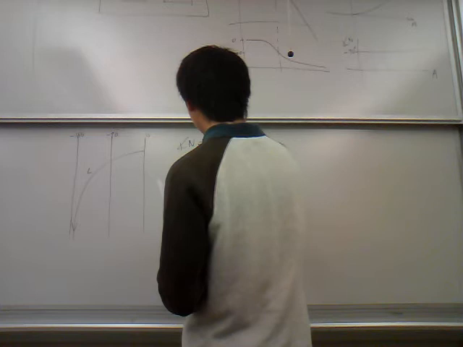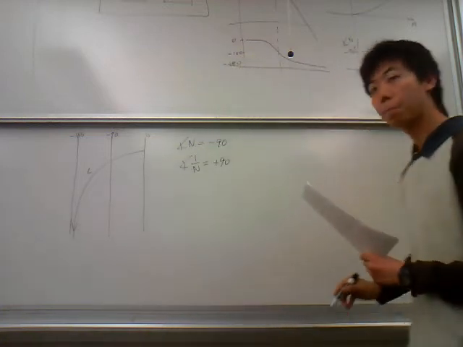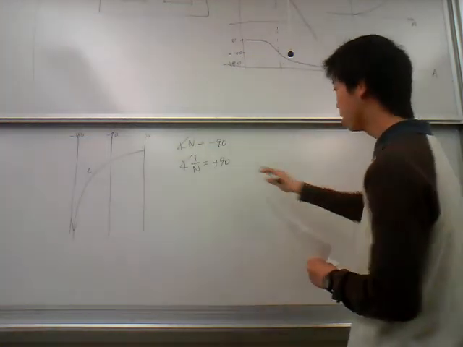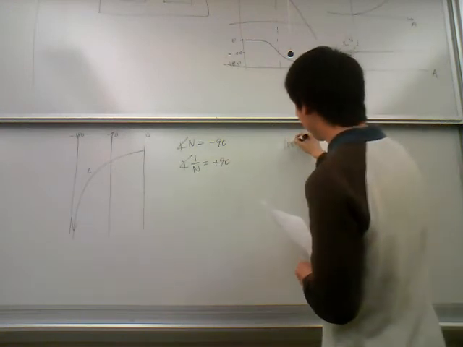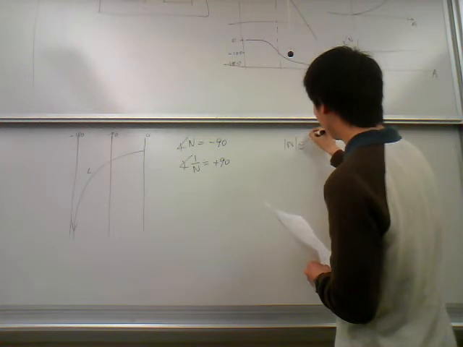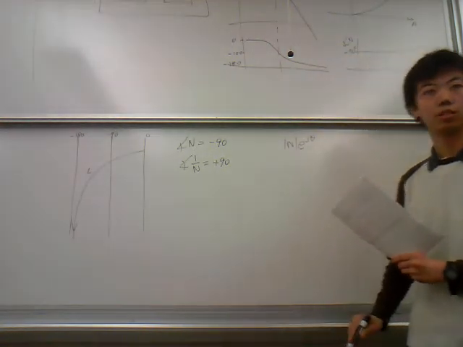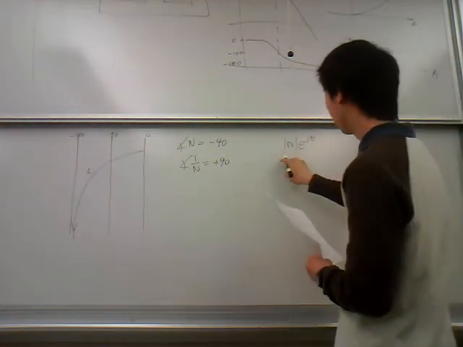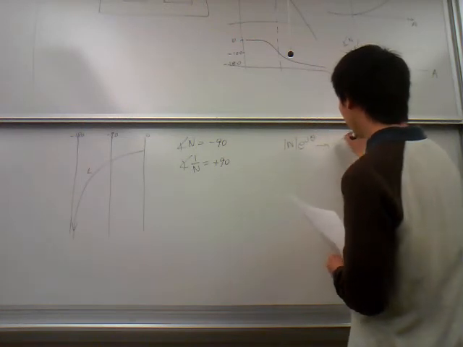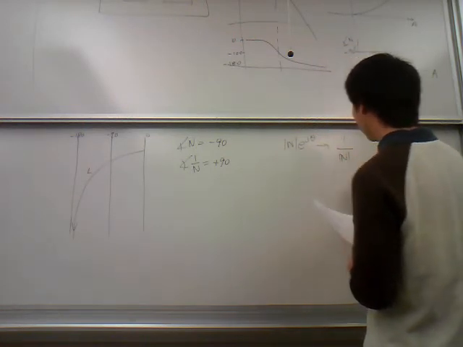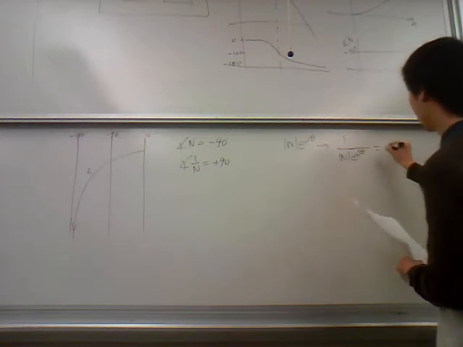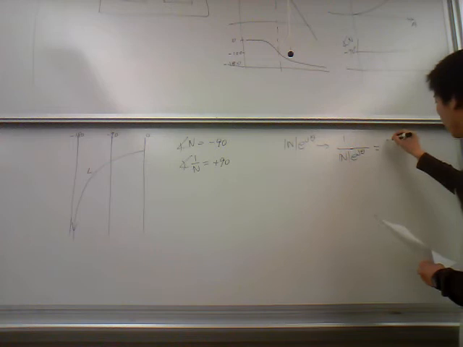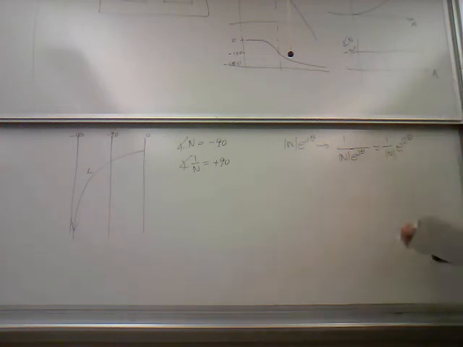Right. So it's actually positive 90, because let's say your N is some complex number. It's got a magnitude and it's got a phase, right? If you take 1 over this, you get 1 over the magnitude and then the negative of the phase, e to the negative j theta.